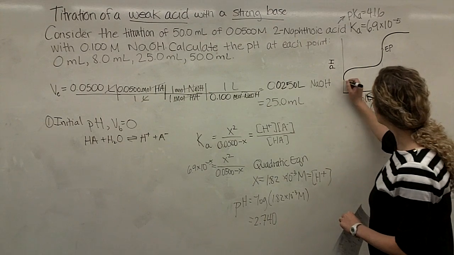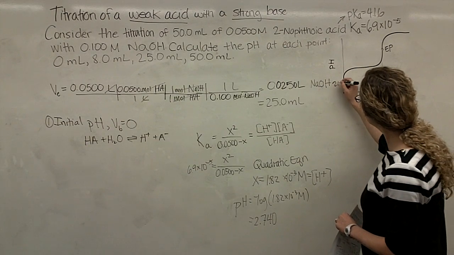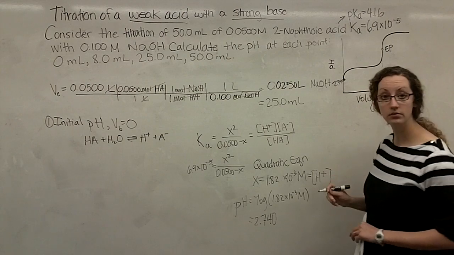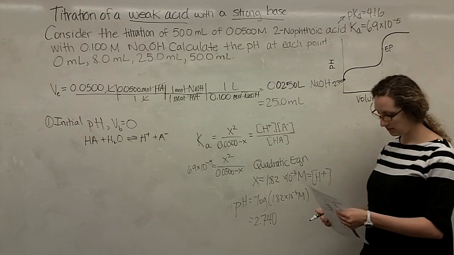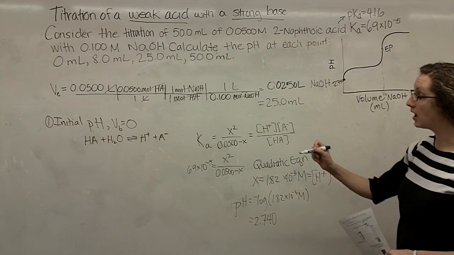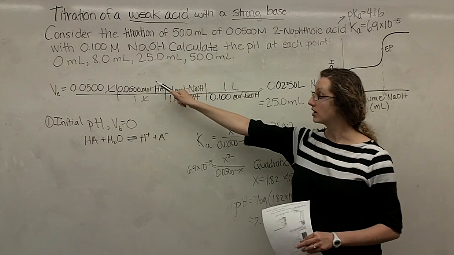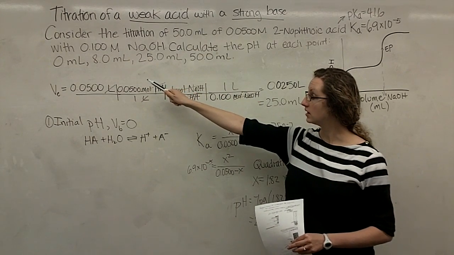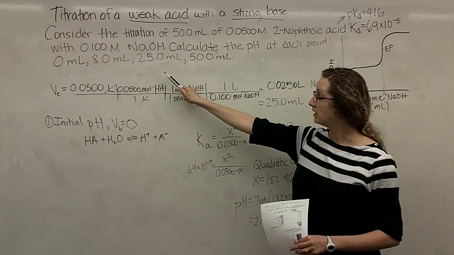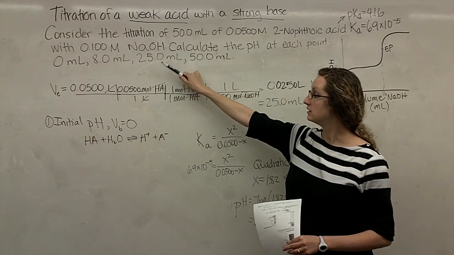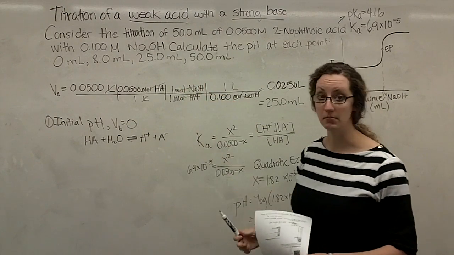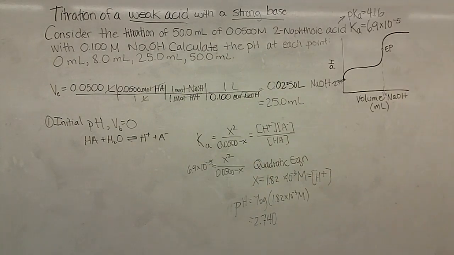So this is the first point on your curve, 2.740. Okay, so that's the very first thing. In the next video, we'll talk about how we get to the 8.0 milliliters, and we'll also cover how we got the pH at 25.0 milliliters.